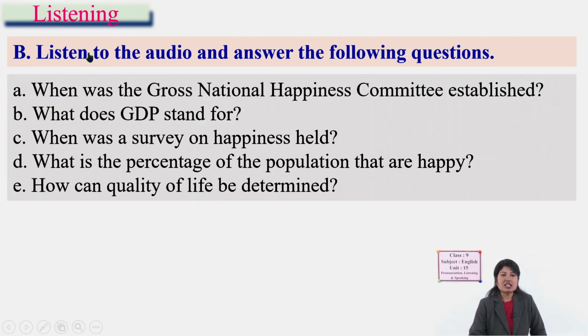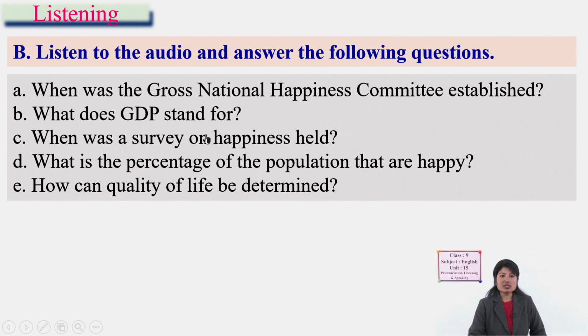Now let's go through the questions. B. Listen to the audio and answer the following questions. We have some questions over here. We answer after listening. A. When was the Gross National Happiness Committee established? You have to write the year over here. B. What does GDP stand for? Give the full form of GDP.